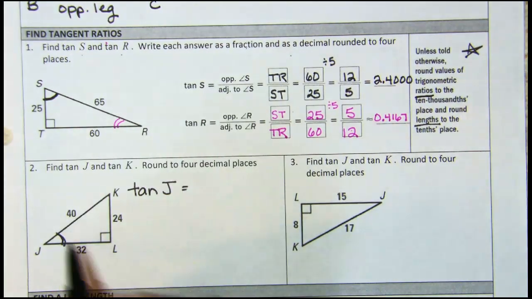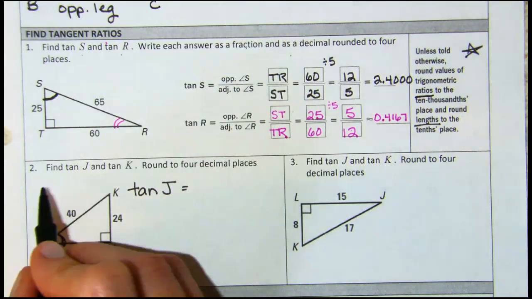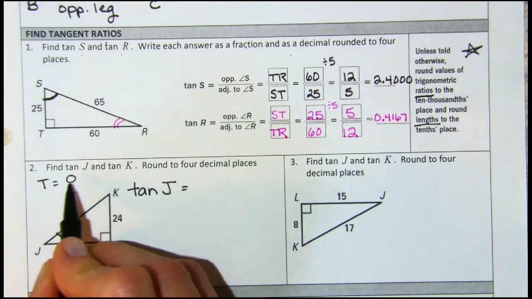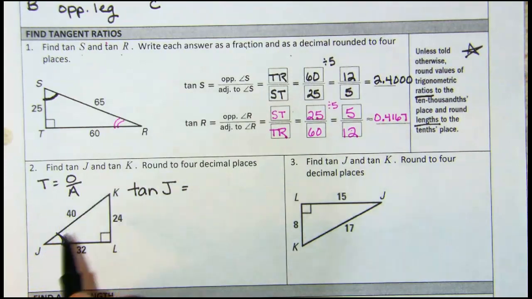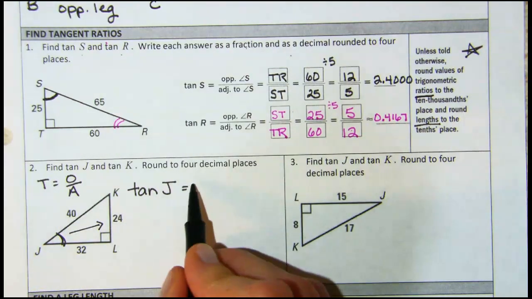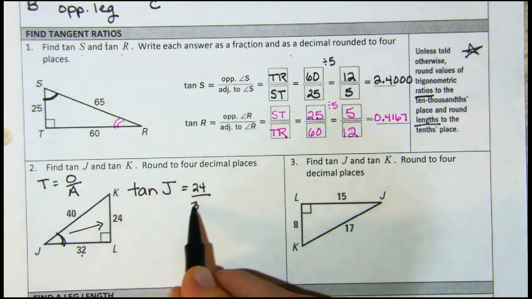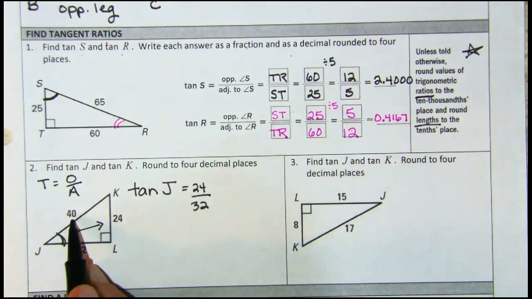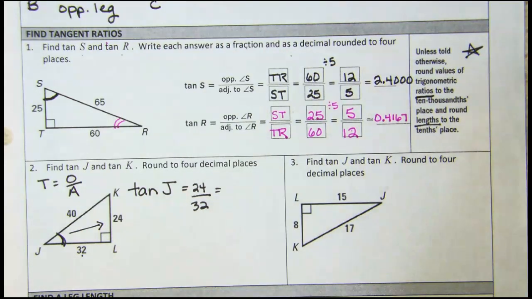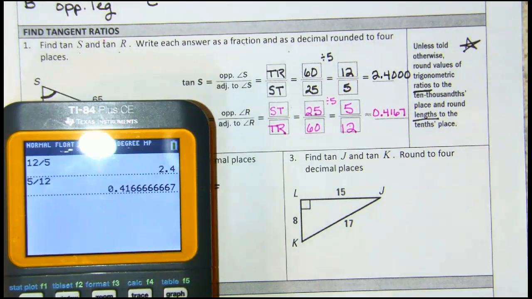Tangent J. And remember TOA. Tangent is opposite over adjacent. So opposite of J is 24. Adjacent to J is 32. We do not use 40 with tangent because it is a hypotenuse. So now, 24 divided by 32.